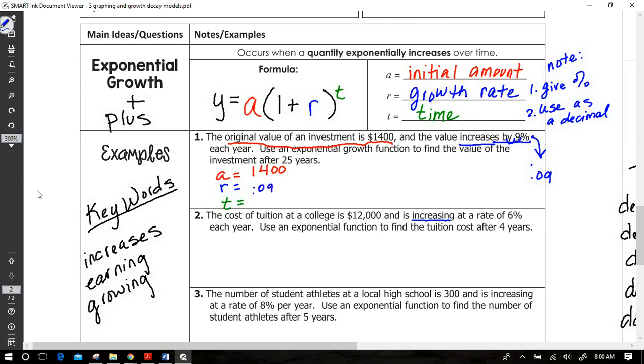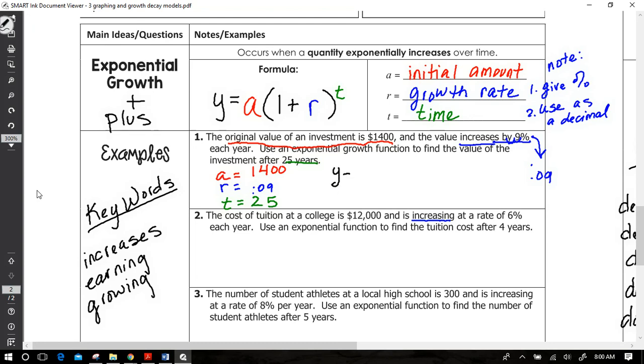And then my T, my time. They want to know, use the growth function to find the value of the investment after 25 years. So for time, I will put 25. And now I am ready to plug all of those values into my formula.